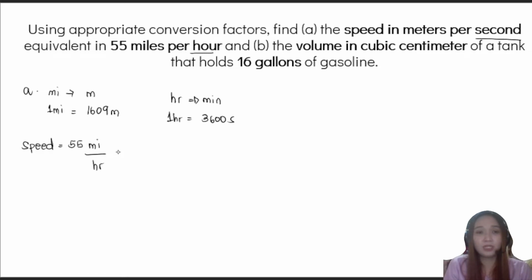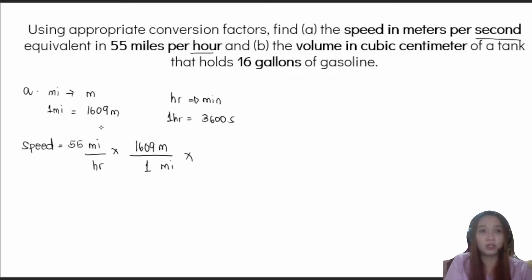Okay, so the technique I use here is the cancellation method. So you look at your units. If the unit on top is mile, then to cancel the mile on top, you have to put mile at the bottom of what you will multiply to it. Okay, so we said that 1 mile is equal to 1,609 meters. So we have canceled this.